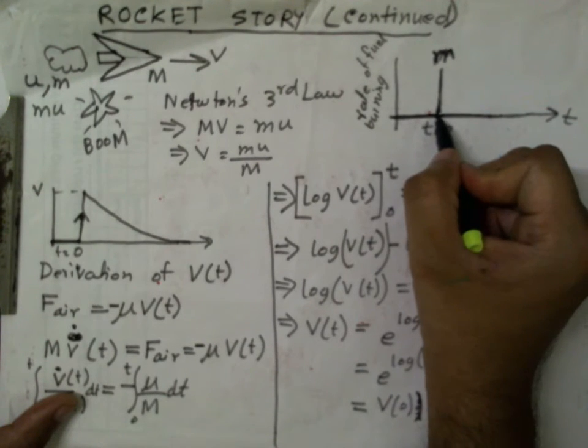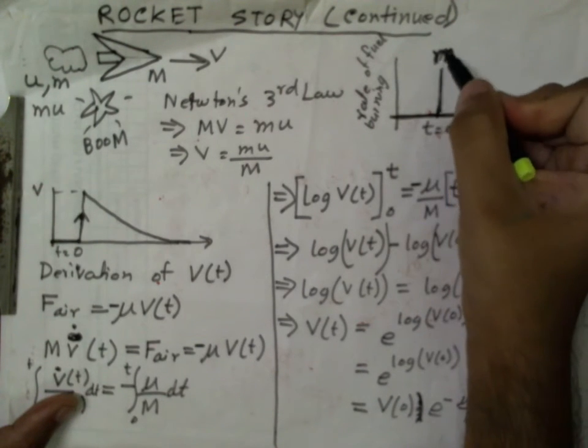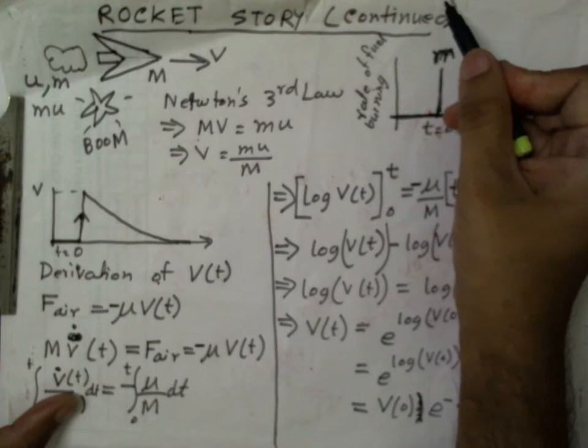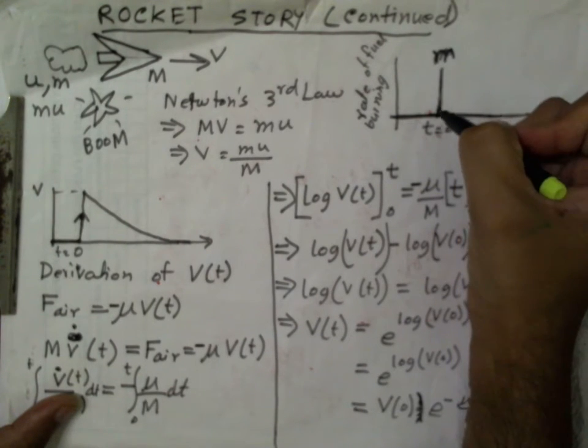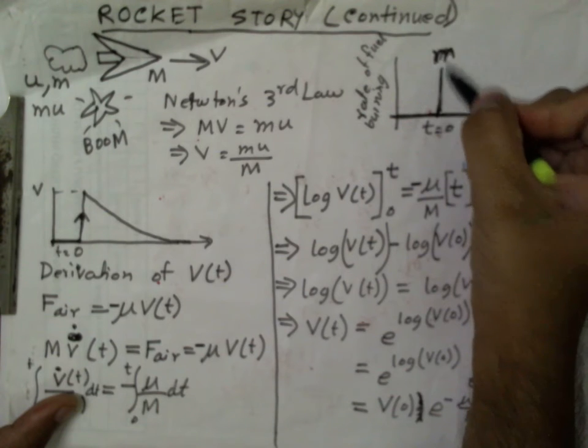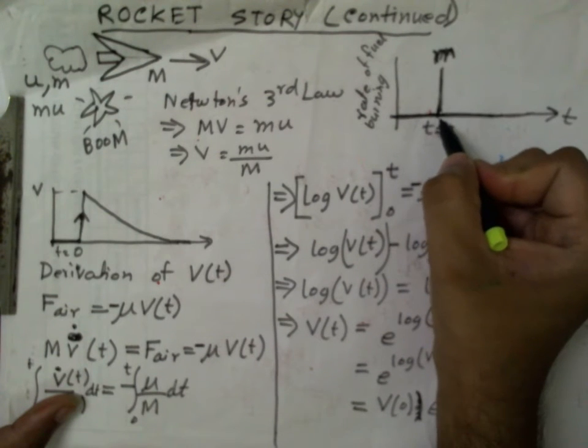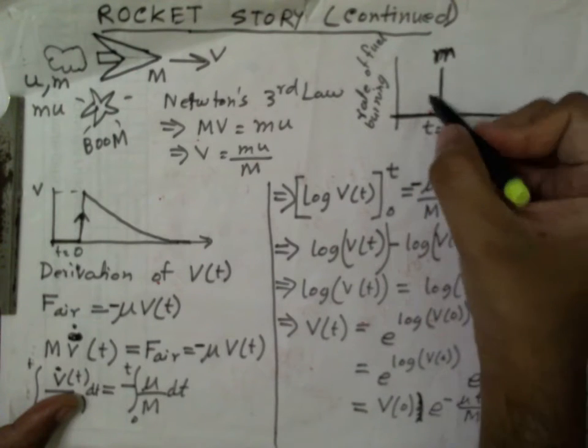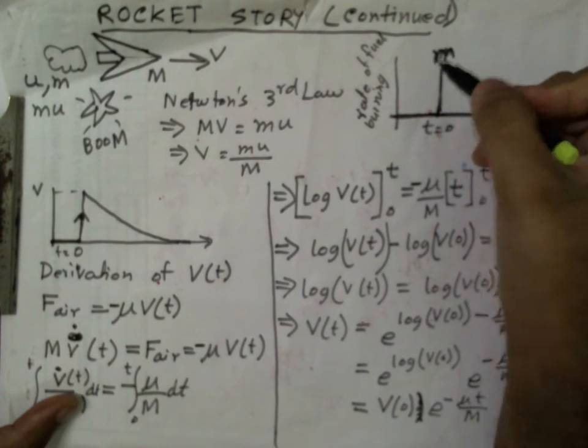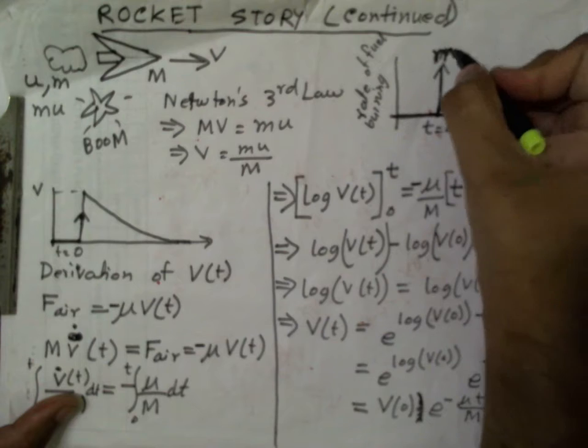But at this instant it should be very, very high, because we know that a finite amount of fuel is burnt within almost 0 time. That means the rate of burning is very high, tending to infinity.